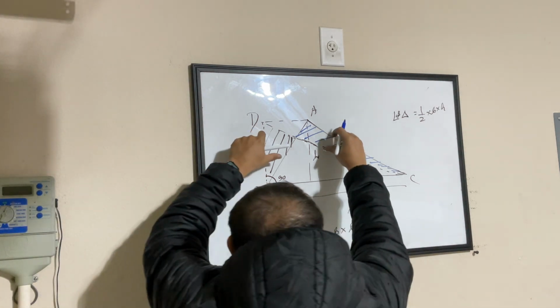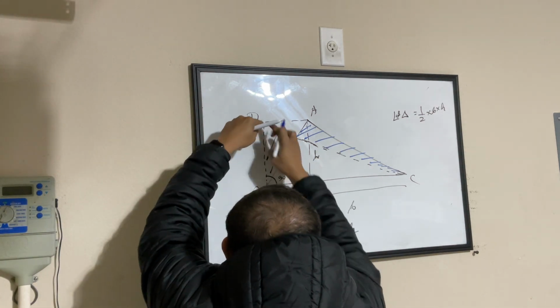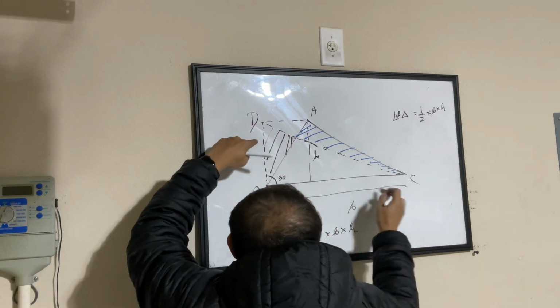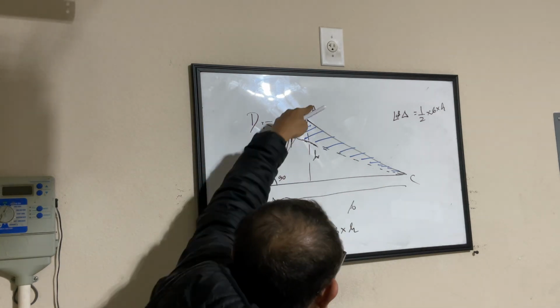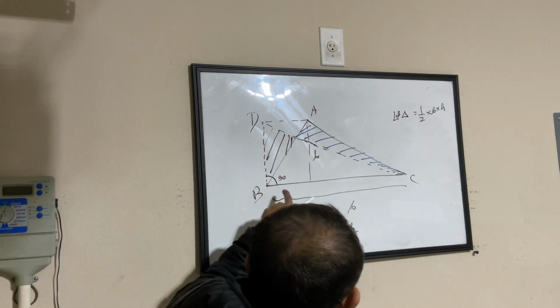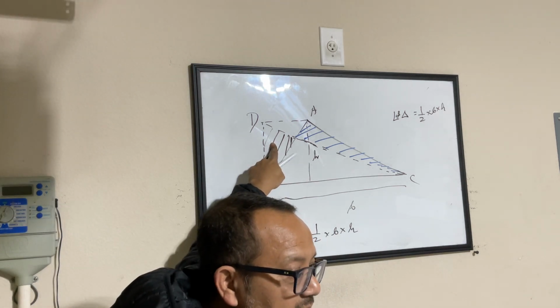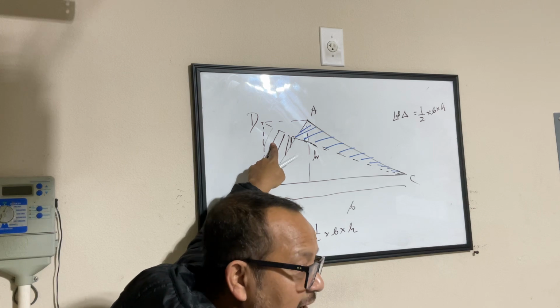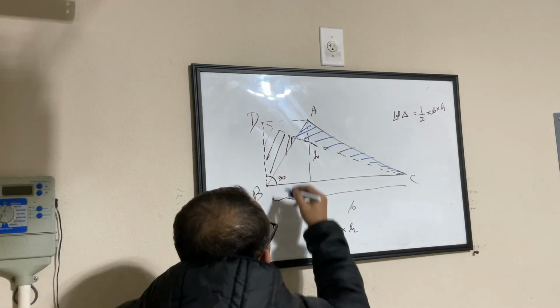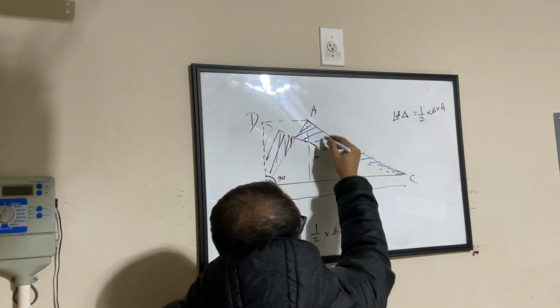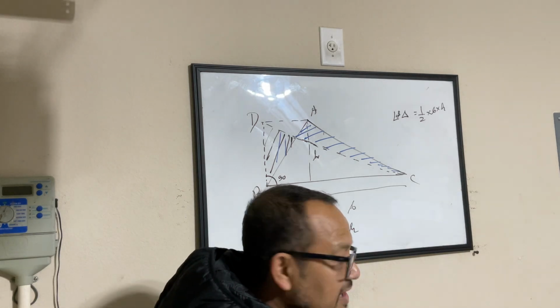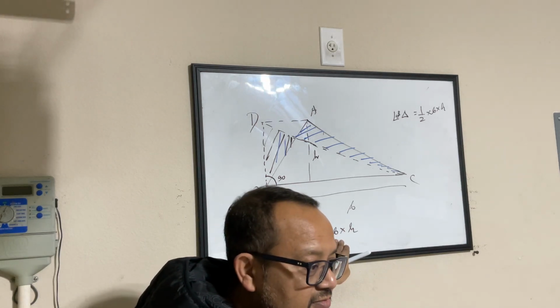So these are the two disconnected elements. The right angle triangle doesn't have the blue piece, and the original triangle ABC doesn't have the black piece. Make sense? If we are able to prove that this black piece and this blue piece have the same area, then this formula will hold true.